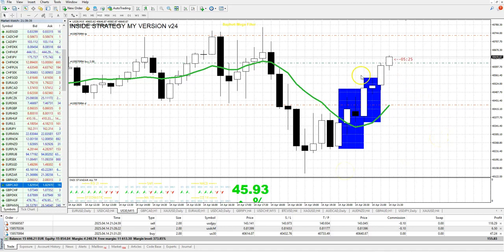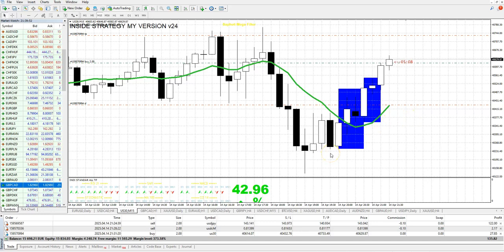So blue box only buy, wait for the first candle to close which broke this box. You see, this broke it up. We are taking only buy trades, and at the open of the next one you take a trade.